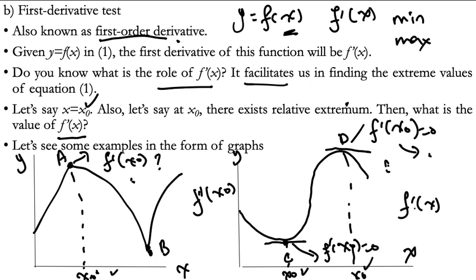Number one, a relative maximum, if f prime x changes its sign from positive to negative from the immediate left of point x0 to its immediate right. For instance, look at this point D.